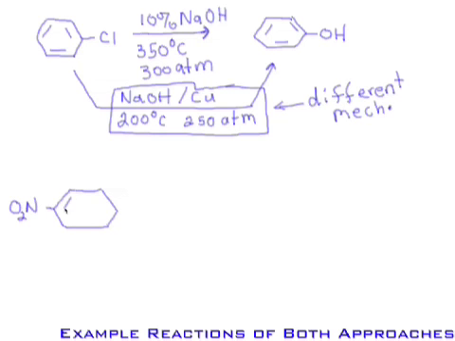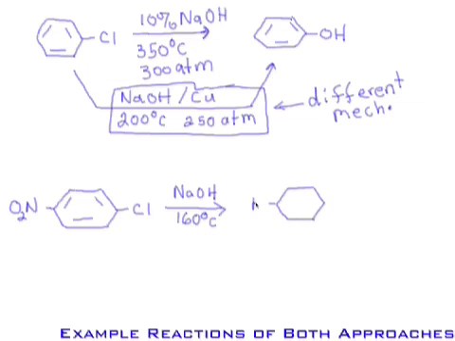Start with para-chloronitrobenzene. Well, if I hit this with hydroxide, sodium hydroxide at 160 degrees C, I believe it's 160 degrees C, I don't need the high pressure anymore, and I can cause nucleophilic substitution to occur.